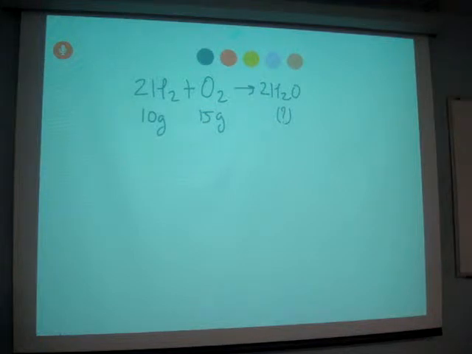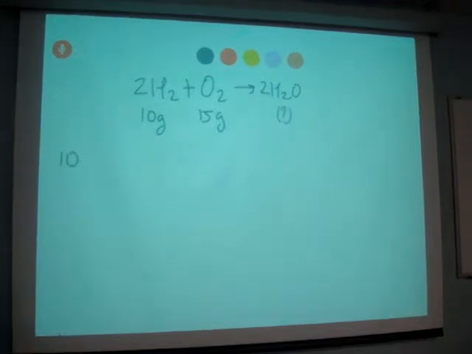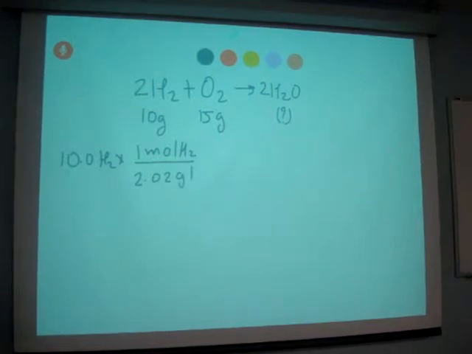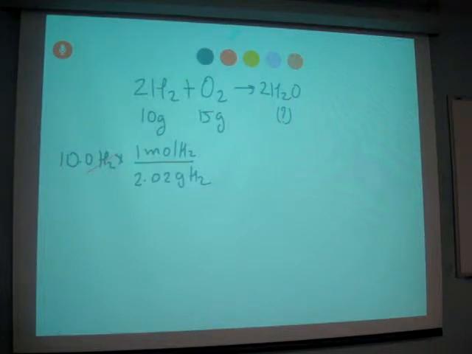Alright, so we start with 10 grams of H2, and then we convert to moles of H2. We know 1 mole of H2 has a molar mass of 2.02 grams of H2. When you do that, grams of H2 cancel and you get moles of H2.